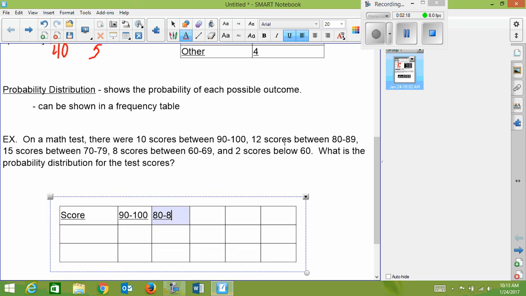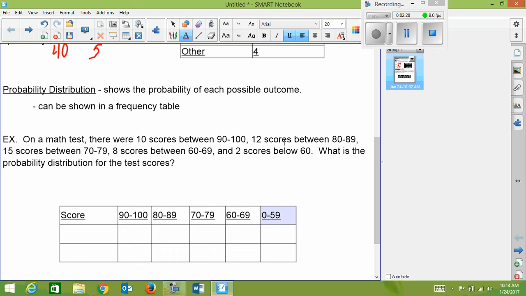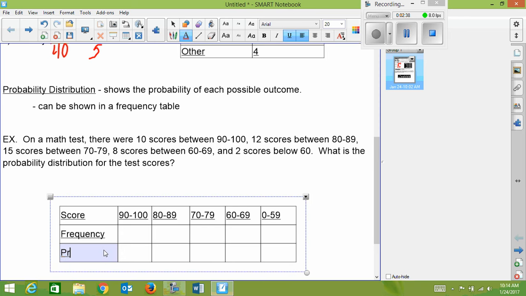So 80 to 89, 70 to 79, 60 to 69, and then 0 to 59. Then I'm going to do frequency and also probability.